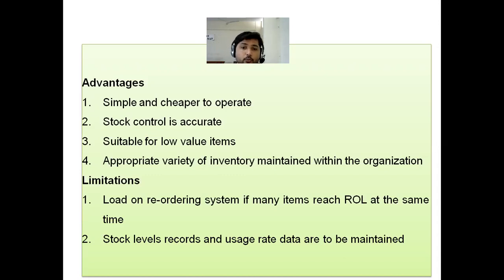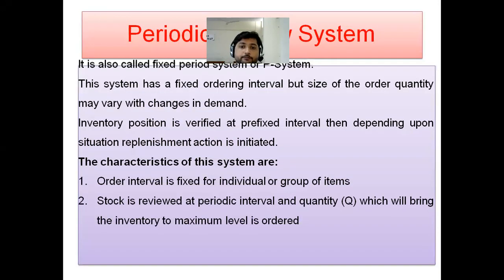Then you need to maintain, on a continuous basis, the record related to the inventory of all the components. Then and only then you are able to place the reorder of a particular component, or you will understand the reorder level. So these are the limitations related to the fixed quantity system.